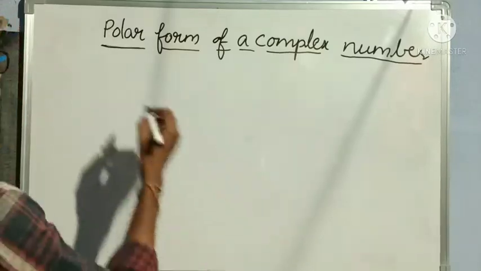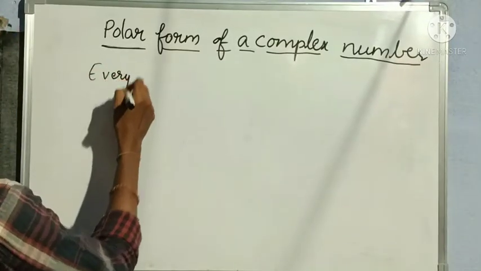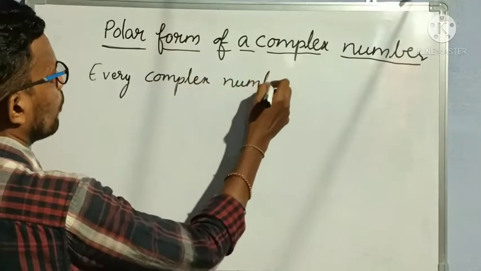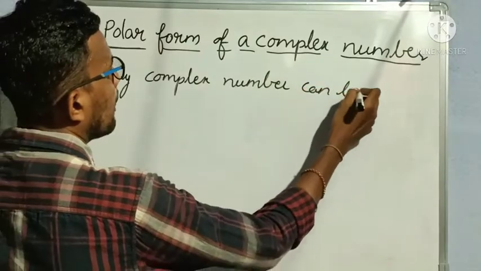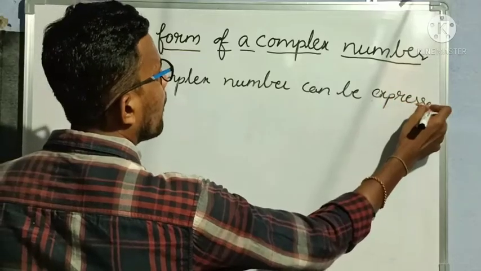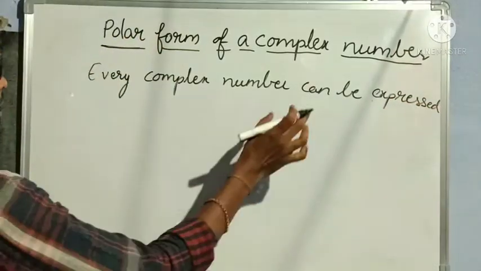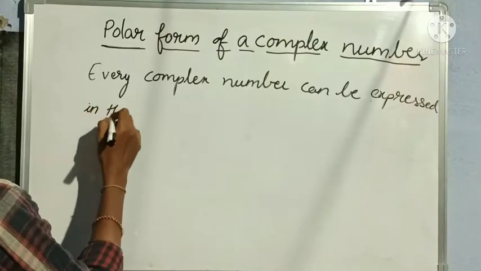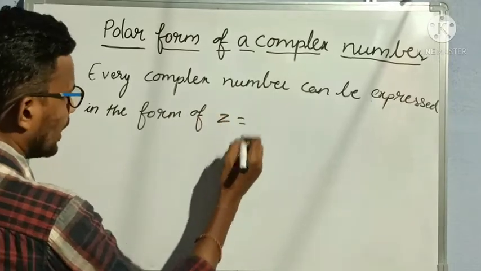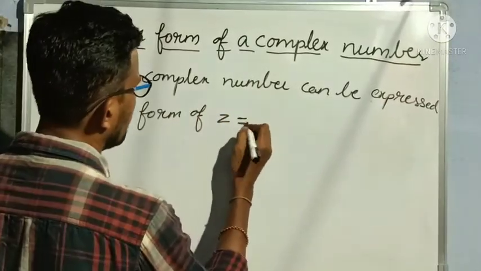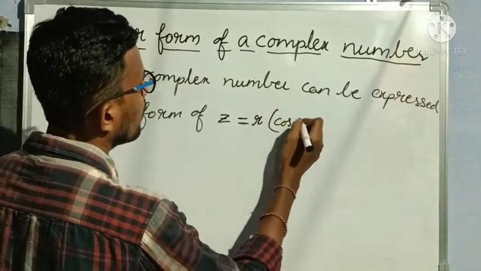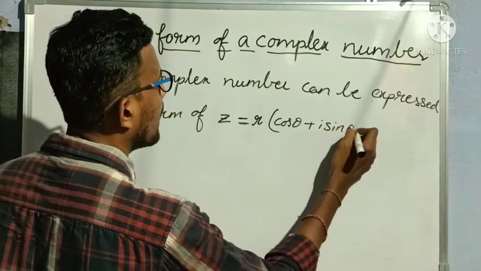So every complex number can be expressed in the form Z is equal to R of cos theta plus i sin theta.